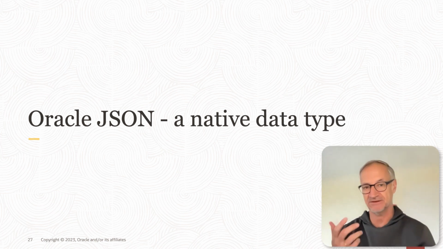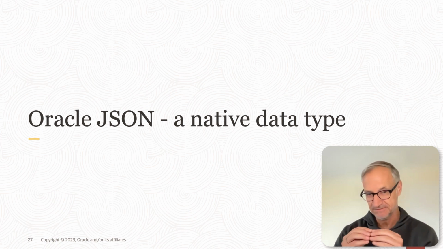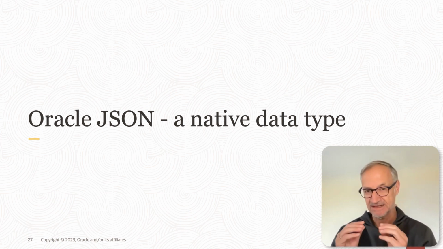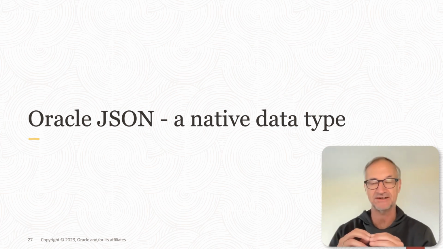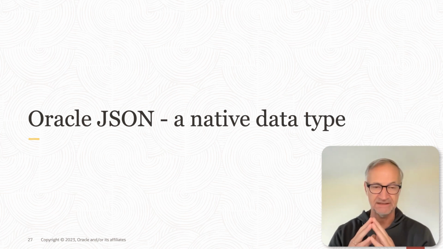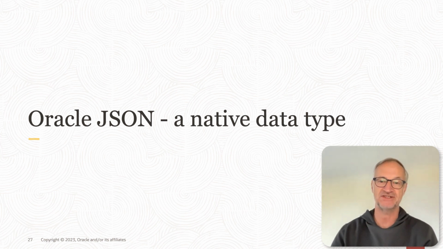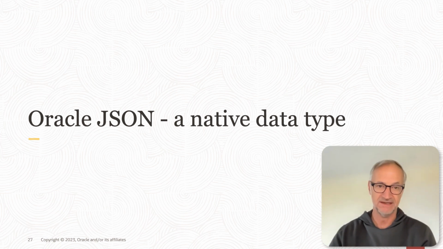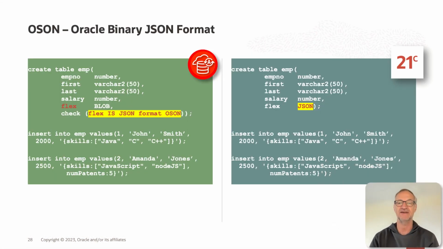But when we talk about working specifically with JSON documents, the secret sauce, besides actually being able to work smartly on whatever is thrown at the database, is the storage itself. So what we did at Oracle, we implemented a specific native data type, a binary data type, in the Oracle database.